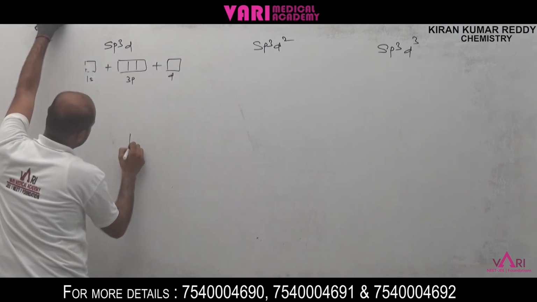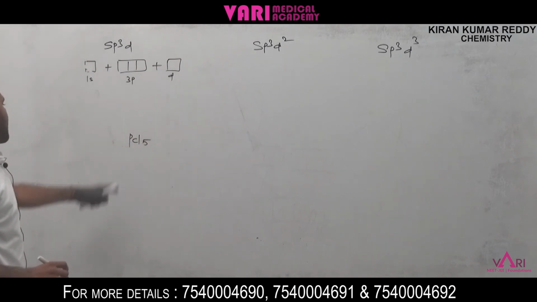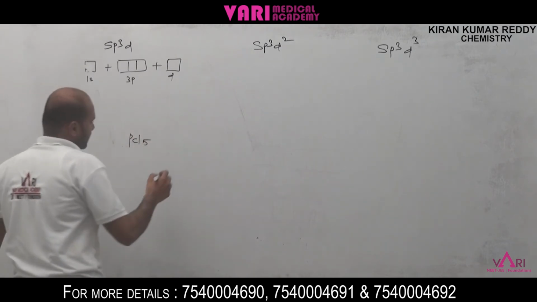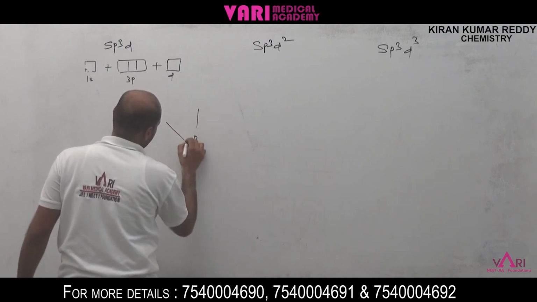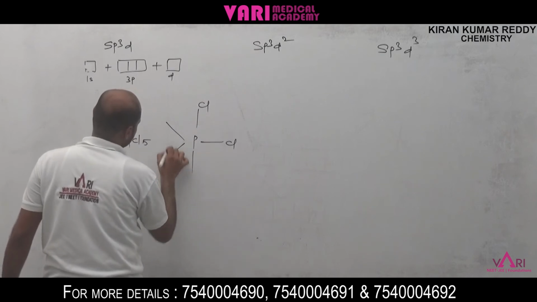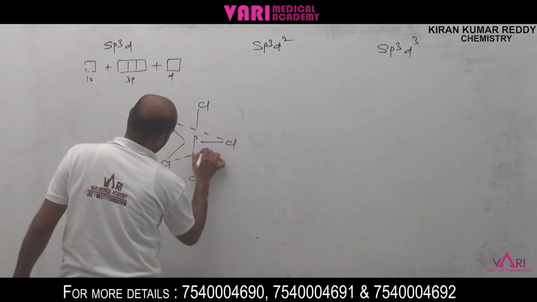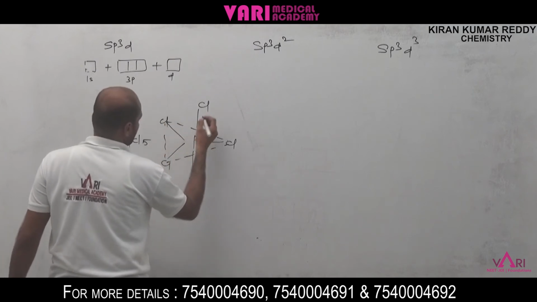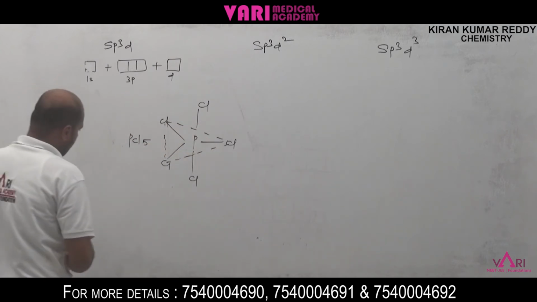Example is PCl5, phosphorus pentachloride. This one is phosphorus. Here is chlorine, here is chlorine, here also chlorine. And what is the geometry?